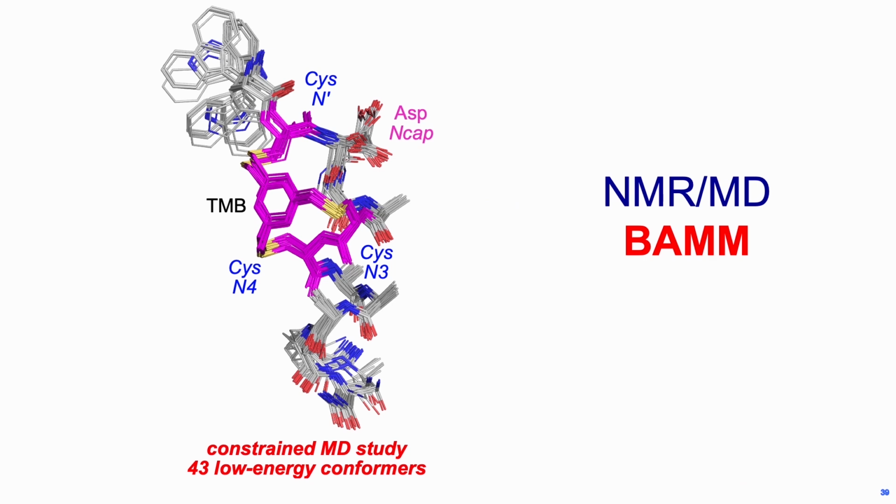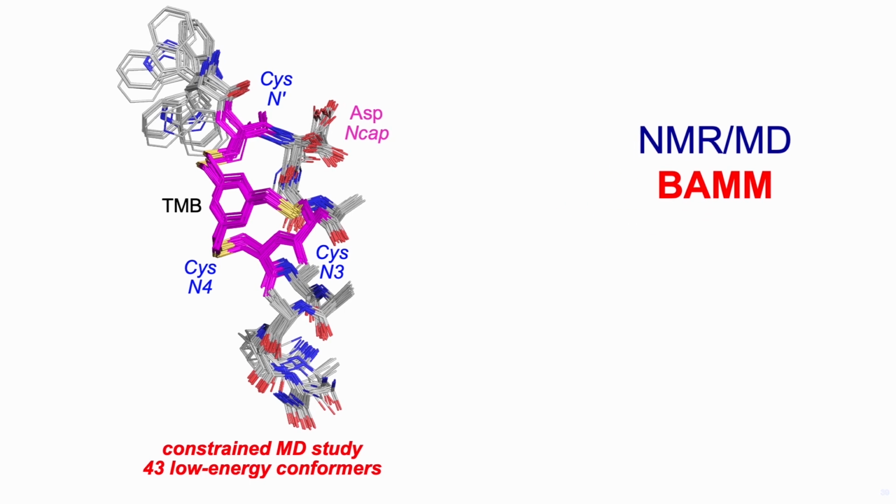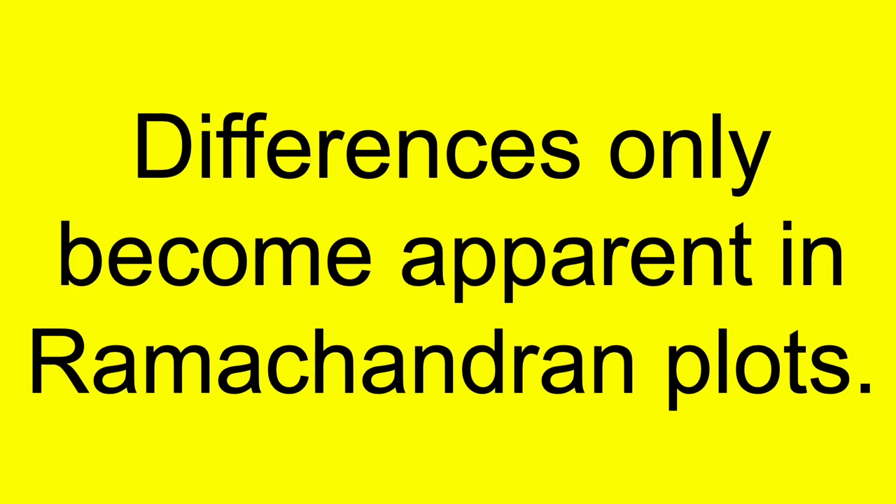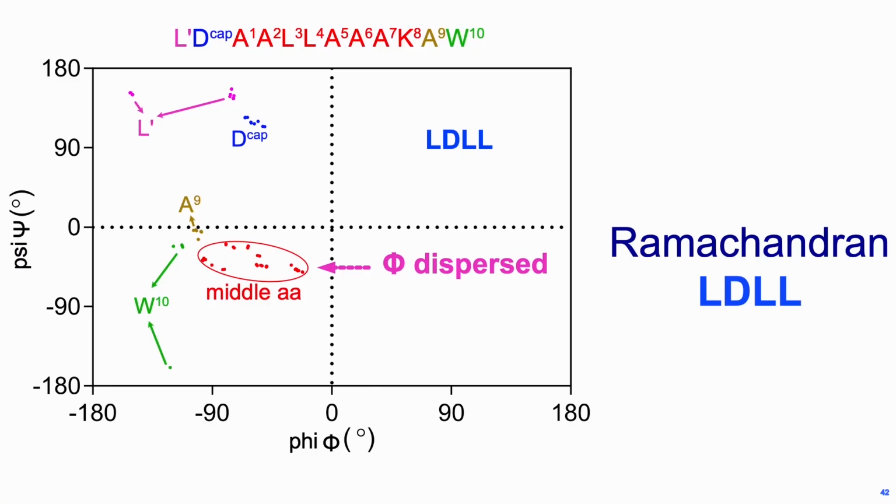And then we did a similar NMR-MD study of the BAM. We had more constraints from this. And that is the structure of the BAM, and you can see the TMB group there is situated where the hydrophobic triangle would be. Really revealing, I think, were Ramachandran plots.